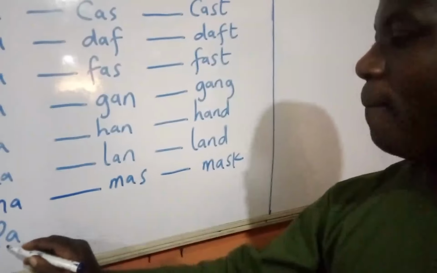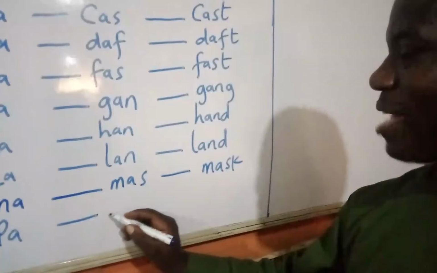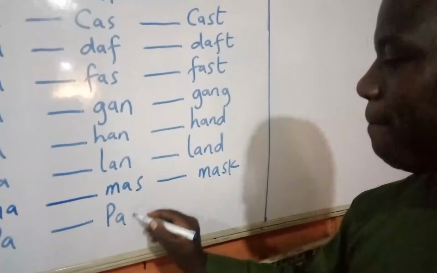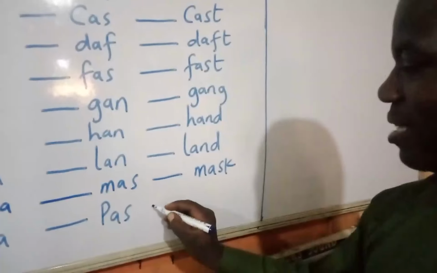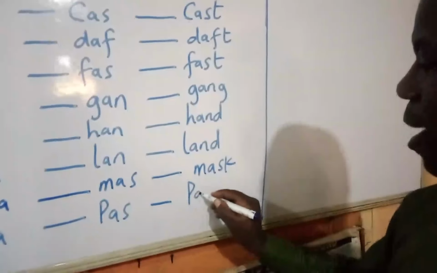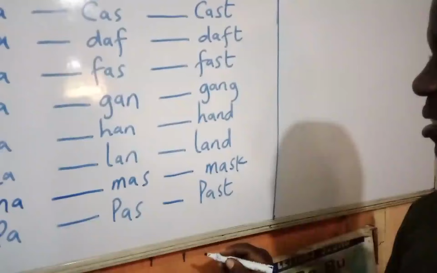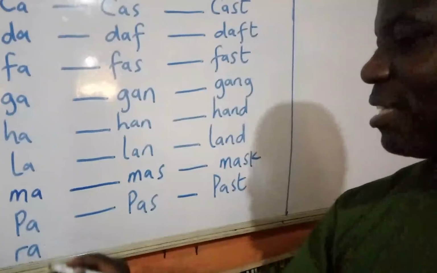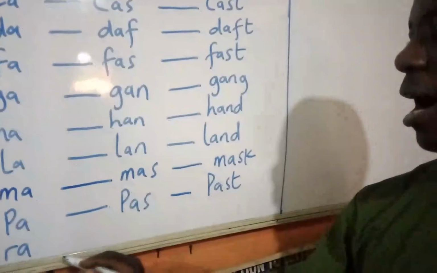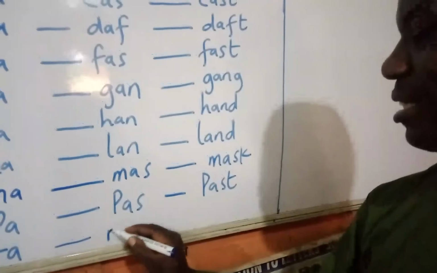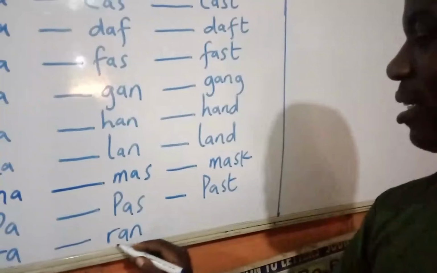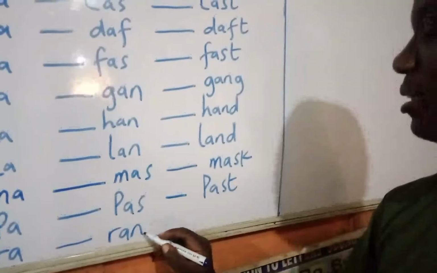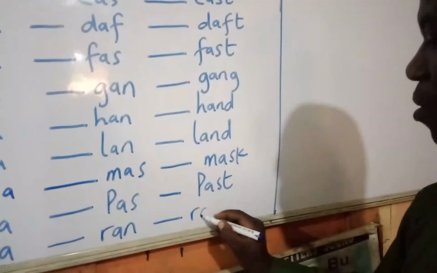2. Pa as in pass, and to 4. Past. Now next is ra with sound of N produces ran, and 4.